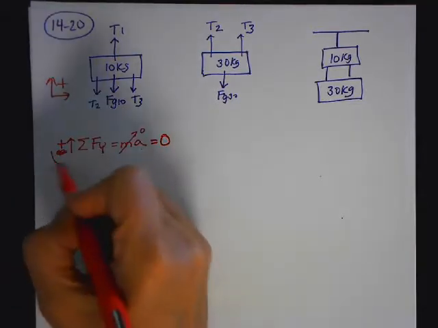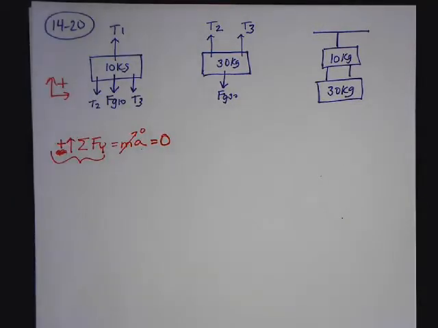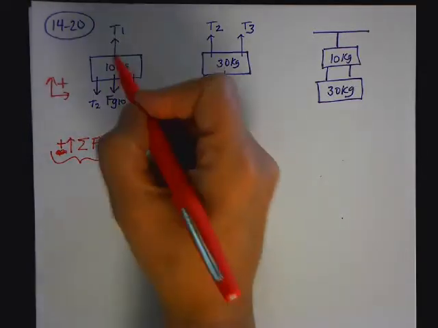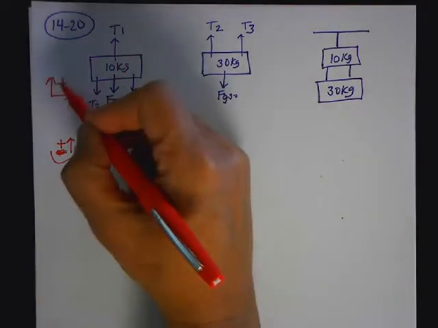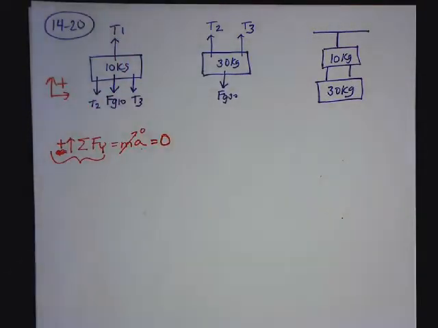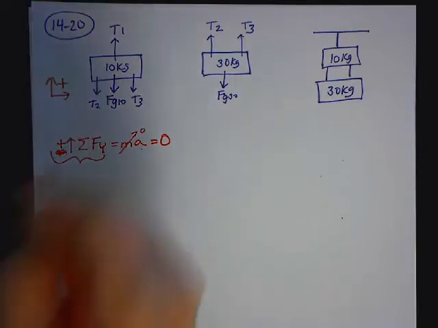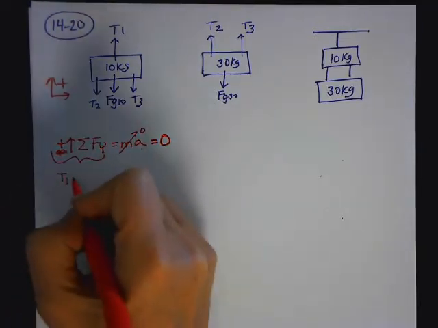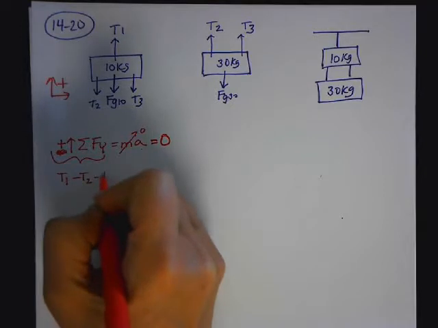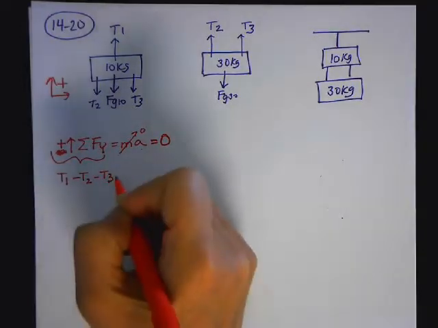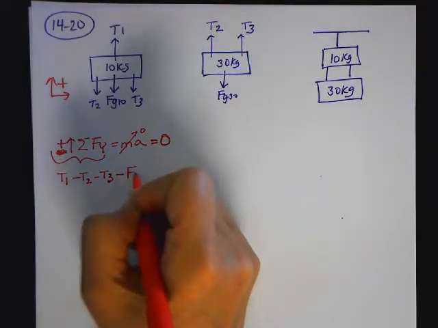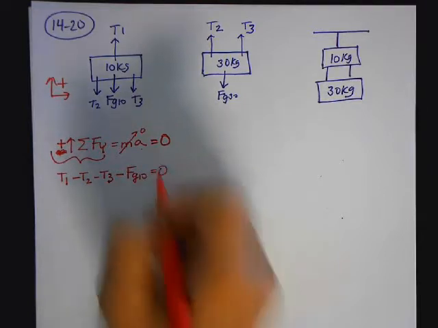Now, under here, this is where I'm going to look at my free body diagram. I'm going to look at all the forces acting on the object. And now what I'm going to do is add them up. So anything that's going up is going to be positive, and anything going down is negative. Okay, so I'm going to have T1 minus T2 minus T3 minus FG10 is equal to 0.